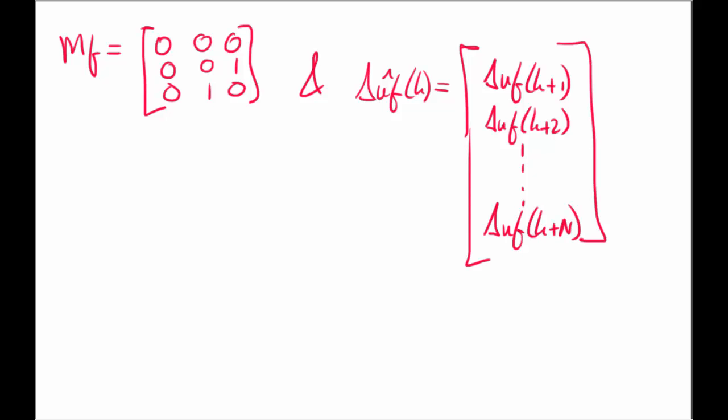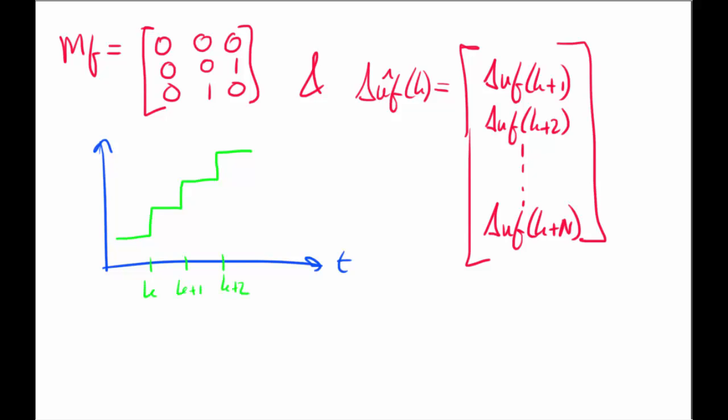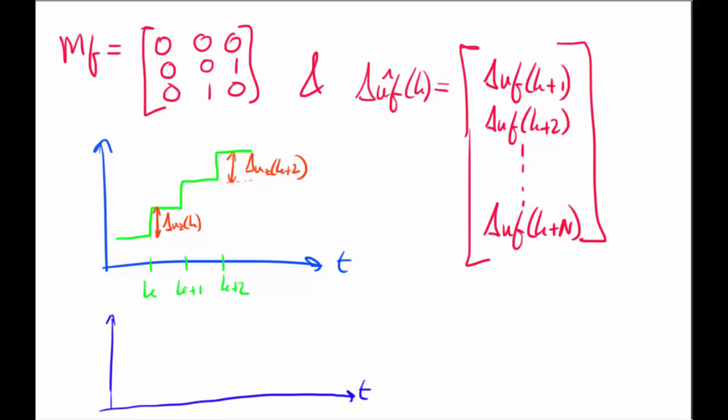And then the predicted PTO force array starts with delta UF of k plus 1, where with the zero order hold at k plus 1, k plus 2, the value that you're trying to calculate is the delta u z of k, and you'd have another value up here. But with the first order hold, let's just take a few points here now. Hopefully I can get this across.